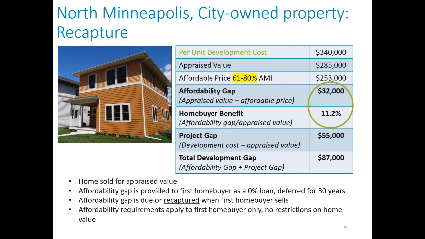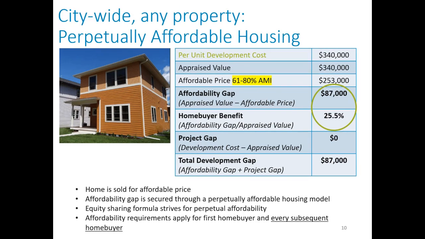Oh, I realized I was looking at the wrong slide. I apologize. I was talking about perpetually affordable housing, and I meant to be talking about recapture. So I'm going to make sure that we're looking at the right slide. So this is the perpetually affordable housing slide that I was just describing. I apologize. I was looking at the wrong slide in my view.